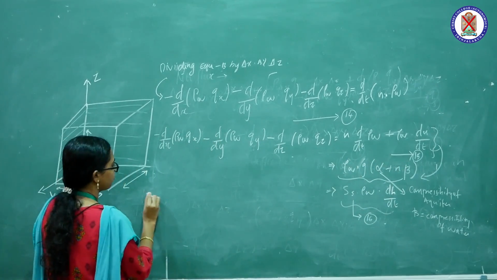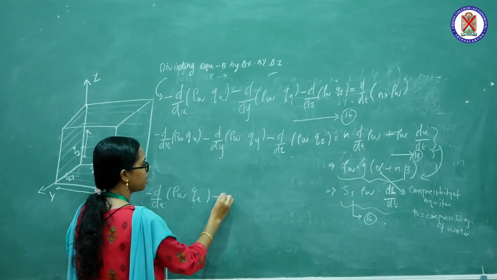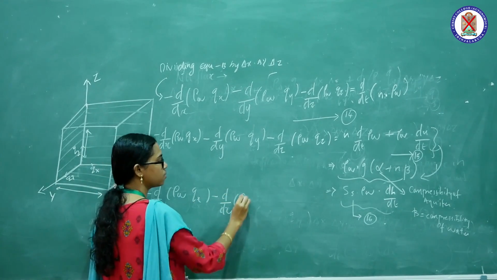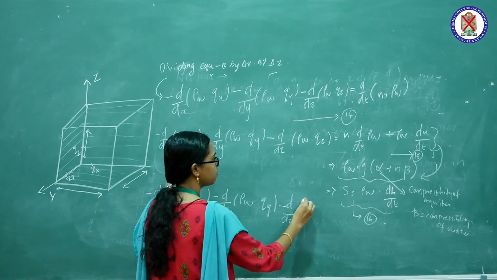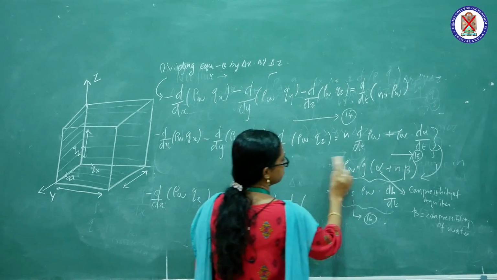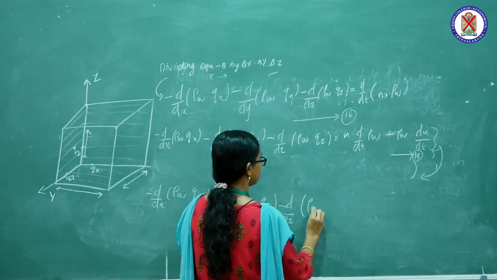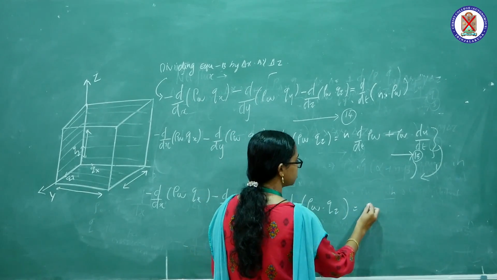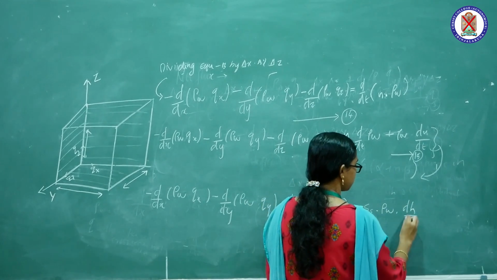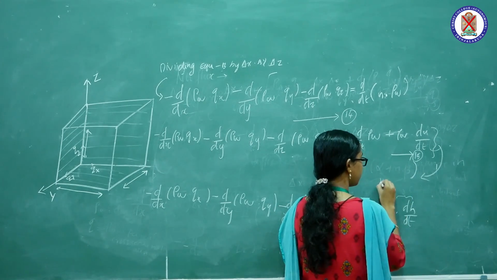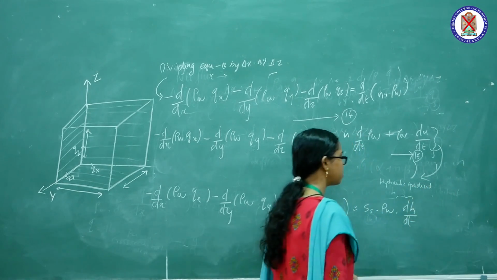So we will get minus d by dx of rho w into qx minus d by dy of rho w into qy minus d by dz of rho w into qz is equal to SS into rho w into dH by dt, where dH by dt is the hydraulic gradient.